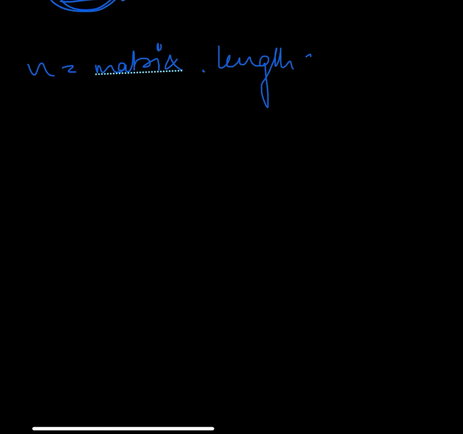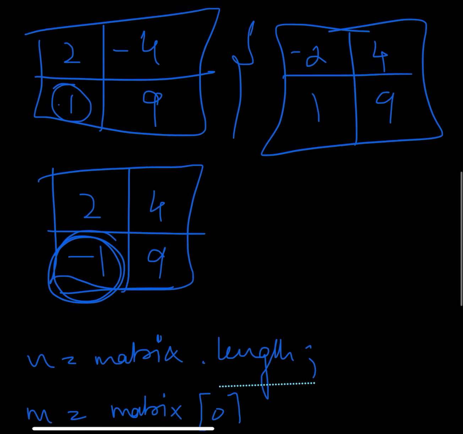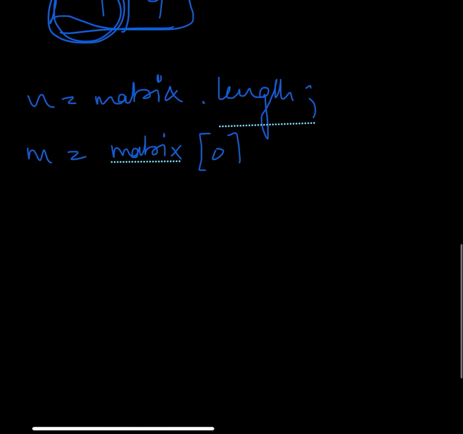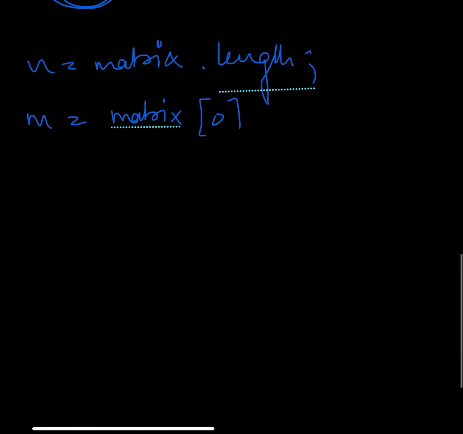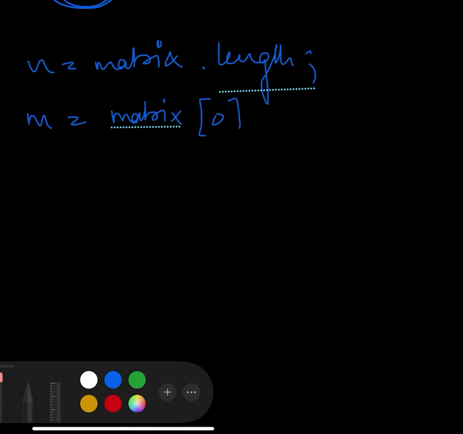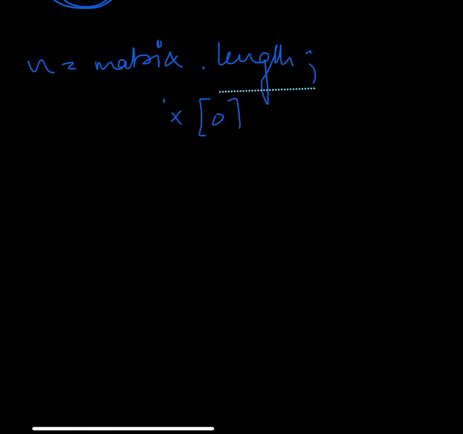So let's see the code. How can we write the code? We'll take n as matrix dot length. Then we can take m as matrix of 0 dot length. But we have a square matrix, so we don't need to take m, it is the same. So we'll not take it.